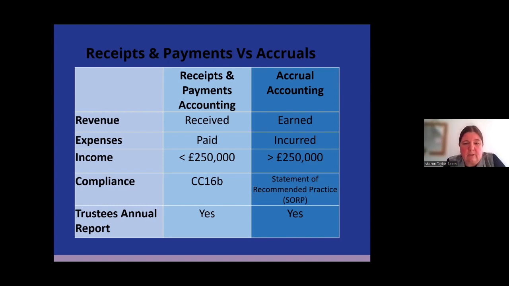Now, just ignoring accruals accounts for the moment, the best way that I can describe receipts and payments accounts to you guys is it is exactly the same as running your own bank account. You get money in, that's your receipt, you make your payments, that's your expense, and what you've got left at the end of the month, period, year, whatever, is your surplus or your deficit.